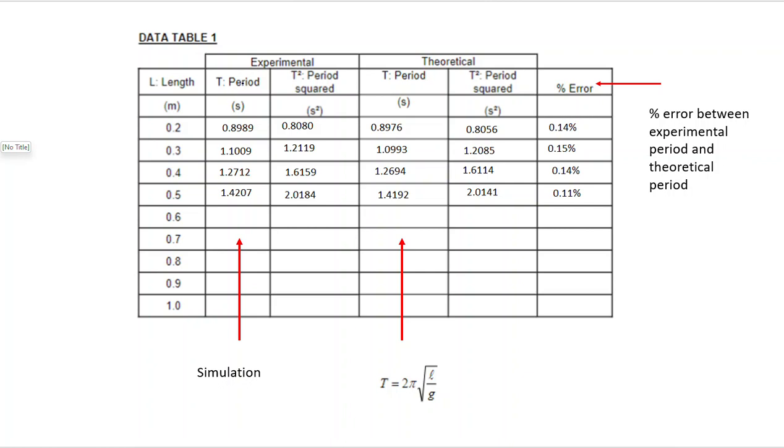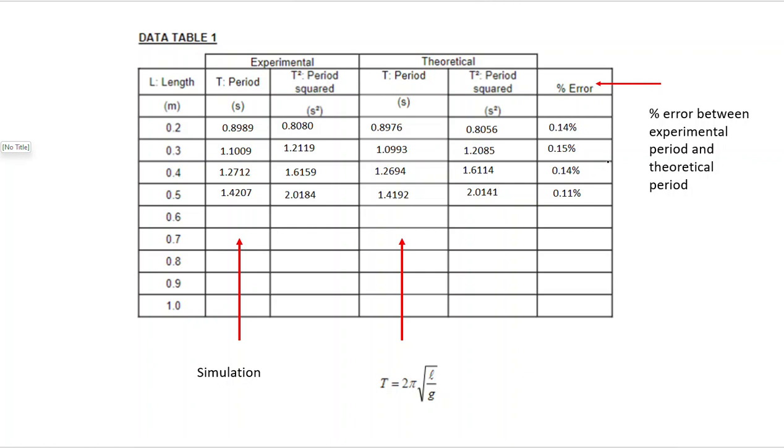So we found the period from the simulation using the period timer, which is this column, and then later I squared that value. We also have the formula that says that period is equal to 2 pi times the square root of L over g. And using that formula, we found here in this column the theoretical period. And we found the square of that theoretical period too.